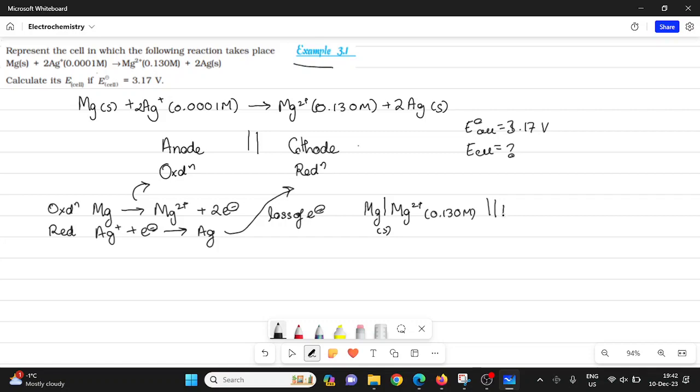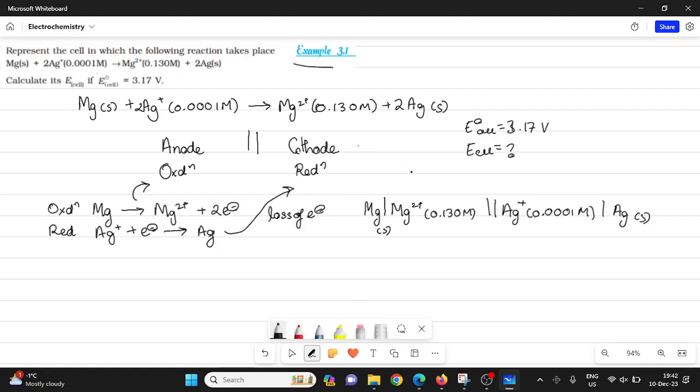Then you have the electrolyte, Ag+ with the concentration of 0.0001 molar, and then one line to represent the electrolyte and the electrode, which is Ag, a solid. This is the representation of this particular electrochemical process.